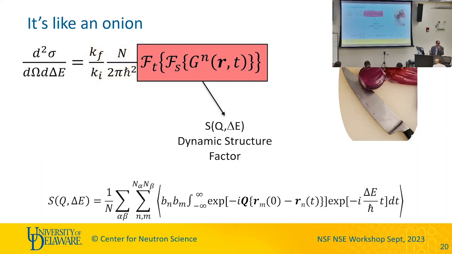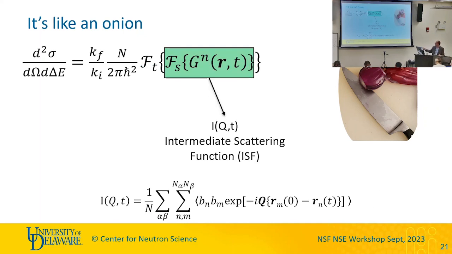So again, you have this double Fourier transform. I want to go over a few names that you're going to hear. If you work in the Q and E domain, you call that quantity the dynamic structure factor, and you are taking out experimental details. The dynamic structure factor is the way your system will respond, so it's information about your sample.